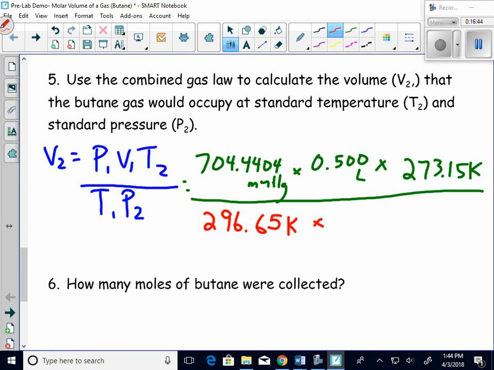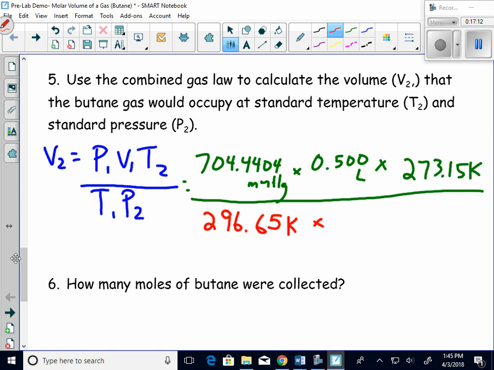And I multiply that by P2, which is standard pressure. Now, ladies and gentlemen, I cannot use 1 atmosphere of pressure. Why not? Why can't I use 1 atmosphere of pressure? That's our normal STP. Anybody know why?